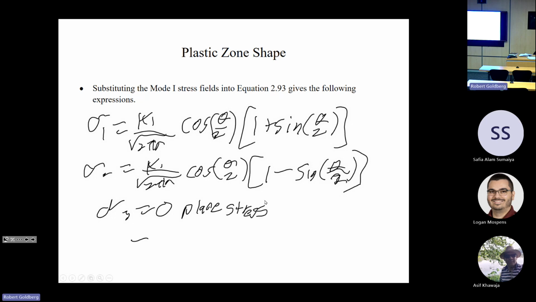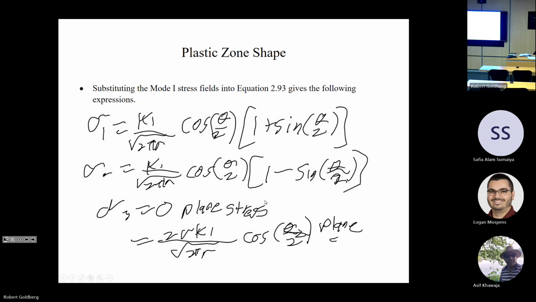For the case of plane strain, it's 2 times the Poisson ratio times K1 divided by the square root of 2 pi times the radius, cosine of theta over 2.